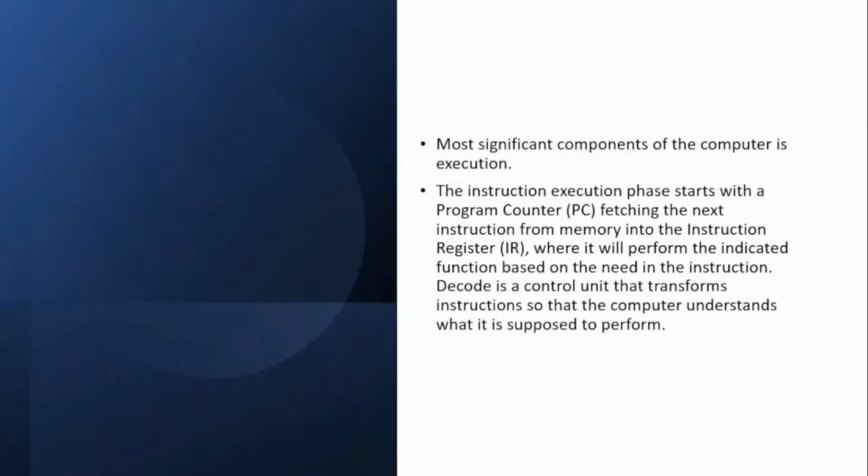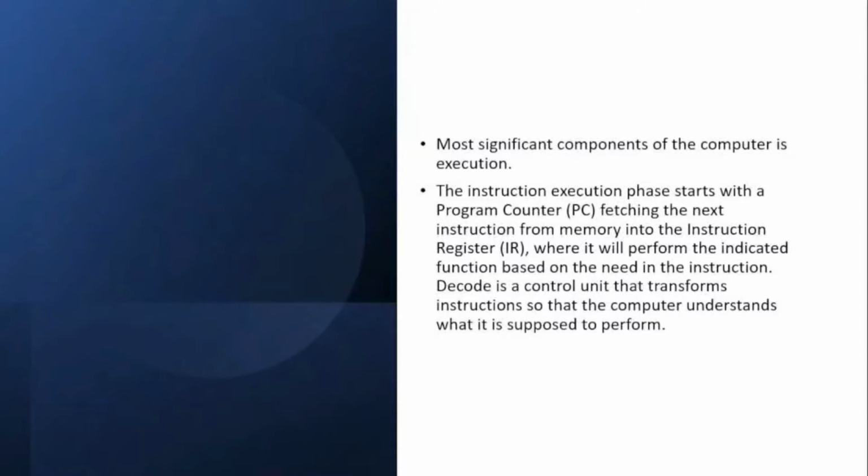The most significant component of the computer is execution, which is the process of running a software, program, script, or command on a computer. When we run a file, the command, program, or script will run as a set of instructions telling the computer how and when it should act.